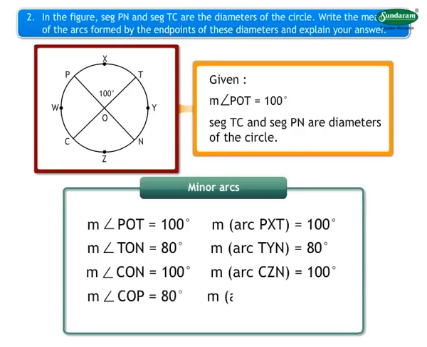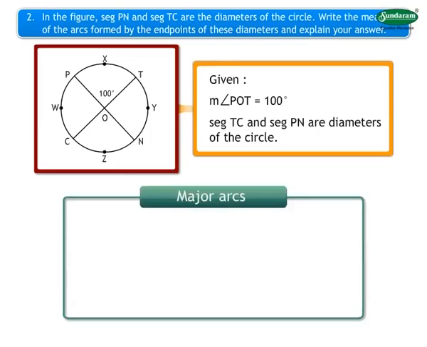Since the measure of angle COP is 80 degree, the measure of arc PWC will also be 80 degree. Now we shall find the measure of all the major arcs. That is, arc PYC, arc PZT, arc TWN and arc CXN.